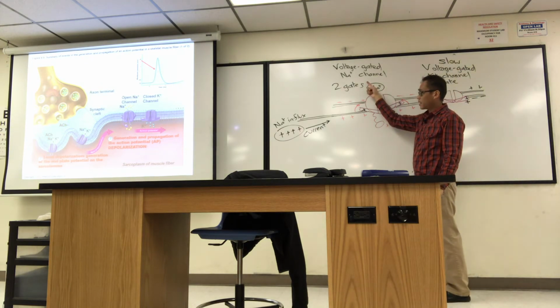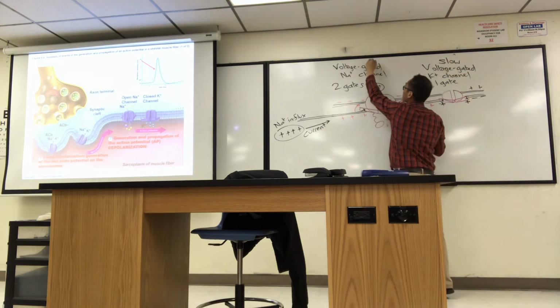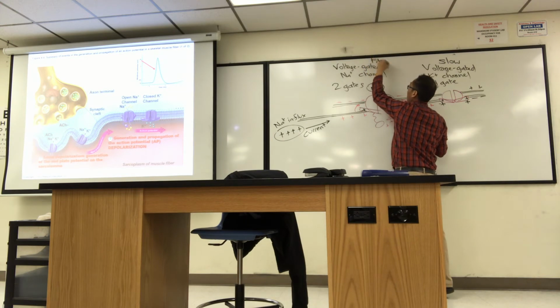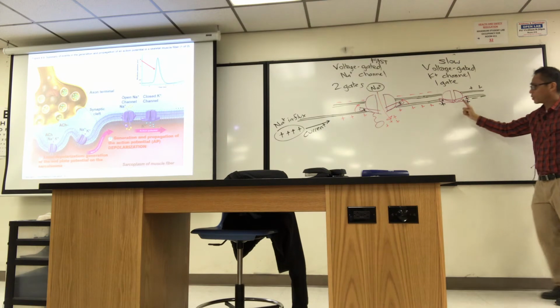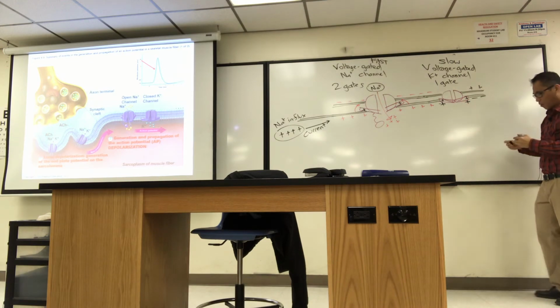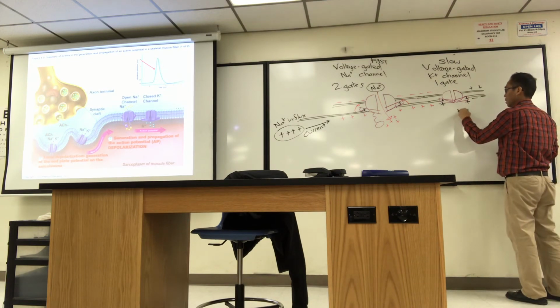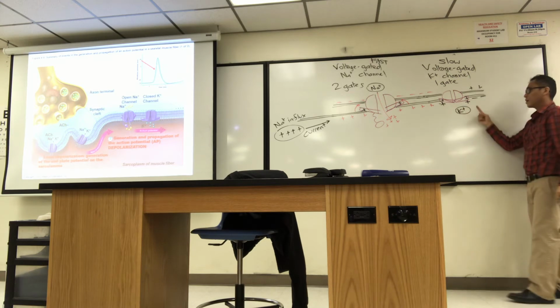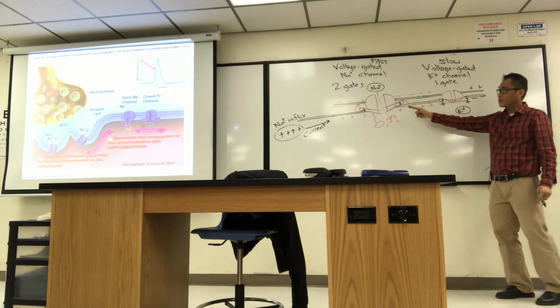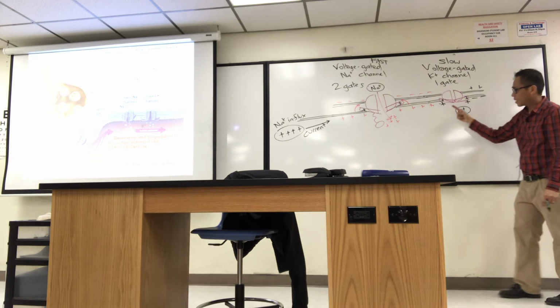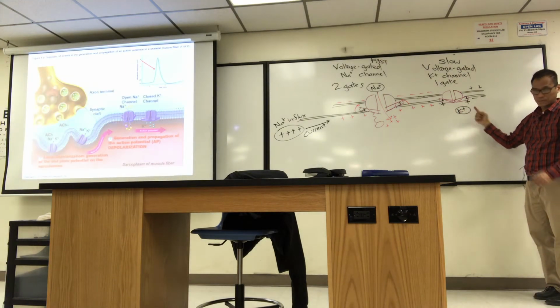This one, the kinetics are very fast. So this one opens and lets sodium in. When this one opens, it will let potassium out. But not yet. They respond at the same time, but this one's just much slower. So during the time this gate is open, the potassium gate is still closed. Okay?